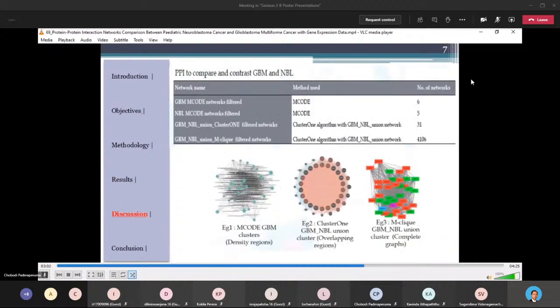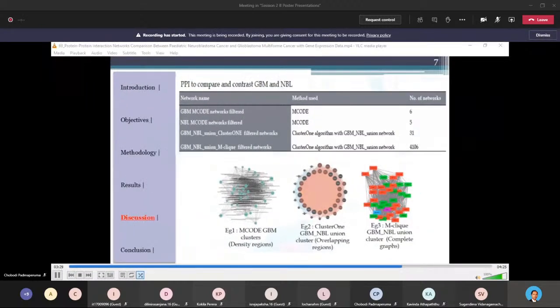Then we have run several community detection algorithms on top of these networks and generated these results. Following is the visualization of some of the gene networks that we have identified. The MCODE algorithm identified highly dense regions. ClusterONE is searching for overlapping regions, and MCLIV is able to find complete graphs in the interactome.